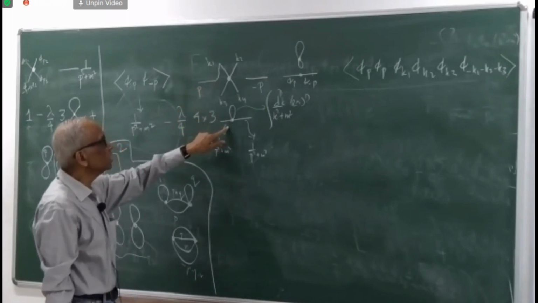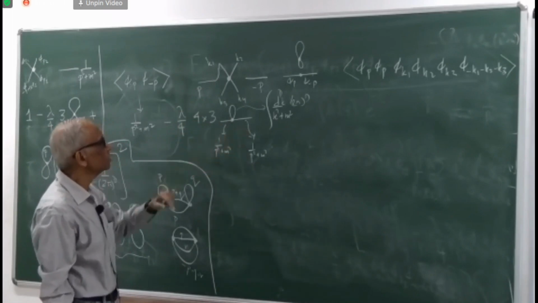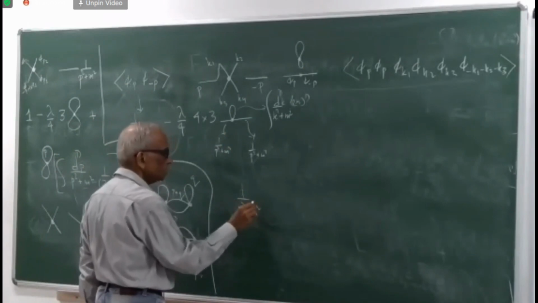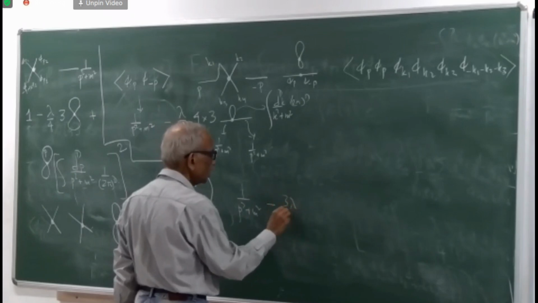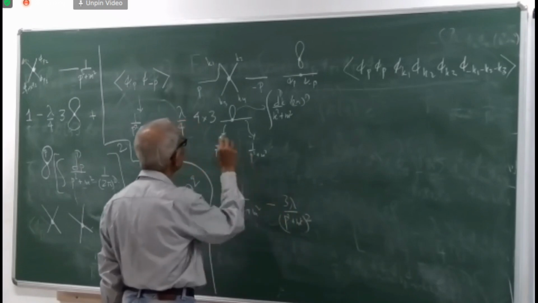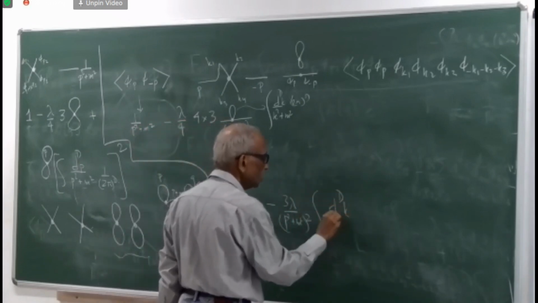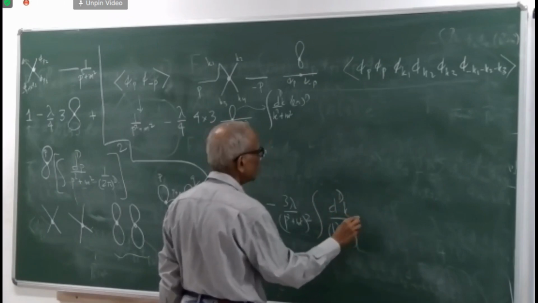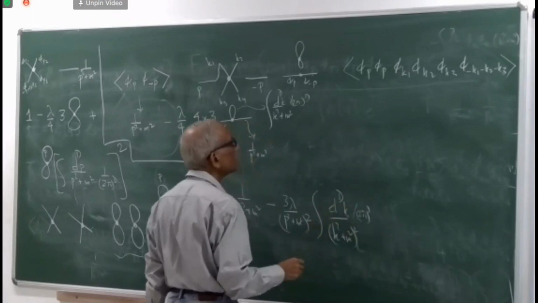There is this diagram whose contribution is this. So it is 1 over P square plus M square minus 3 lambda by P square plus M square whole square into the integral d^dk over K square plus M square whole square divided by 2 pi to the power d.